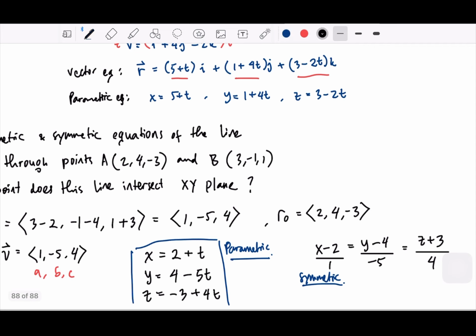Okay, at what point does this line intersect the xy plane? So if you remember, this is our space, z, x, and y. So let's take this xy as a plane here. Imagine that we set this up as 3 dimensions, let me draw.